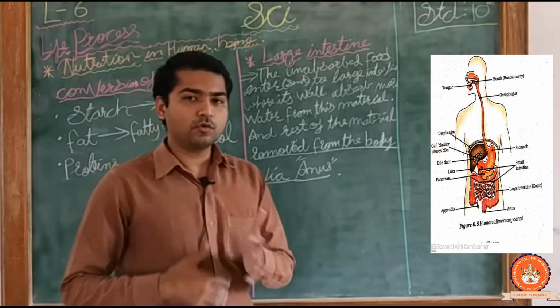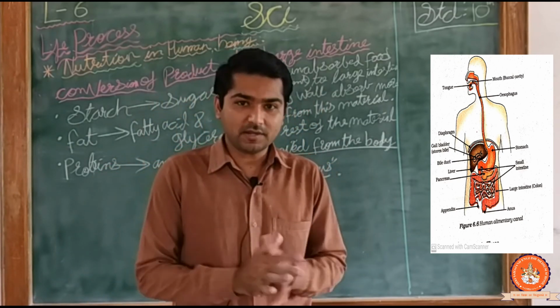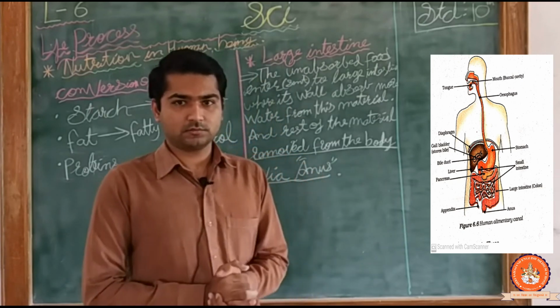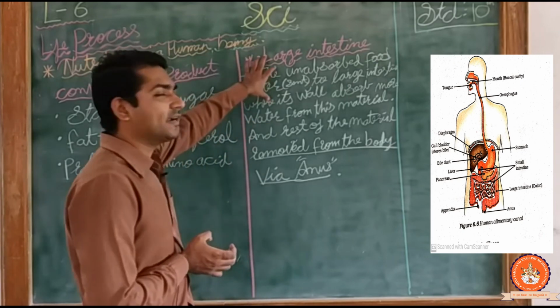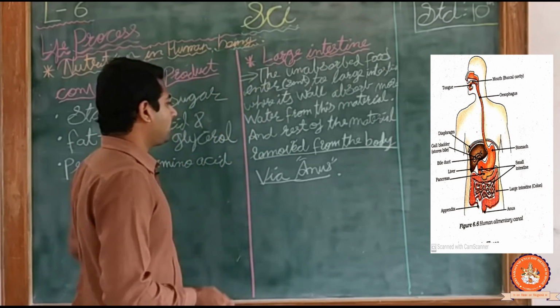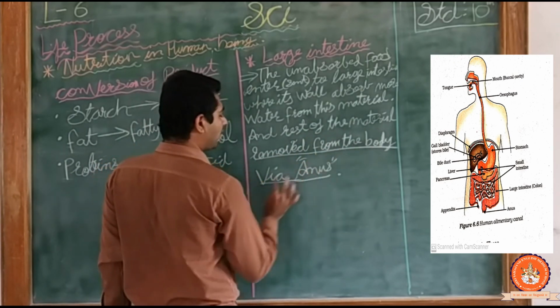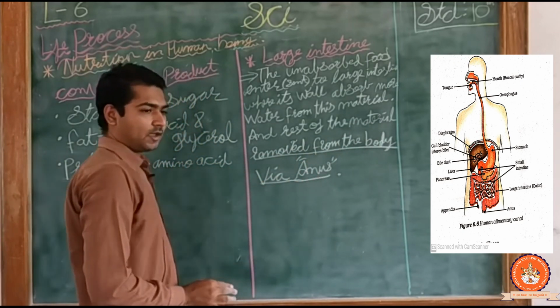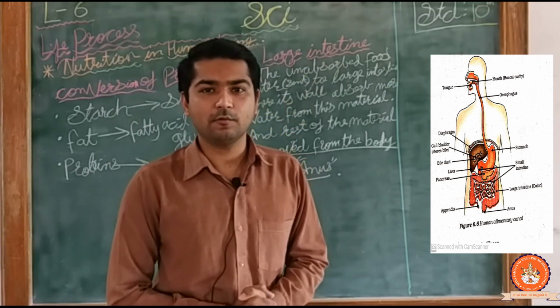The remaining food is also absorbed, and the water in that material is all absorbed by the large intestine, and the rest of the material is removed from the body via the anus. The remaining part is what we call waste product.